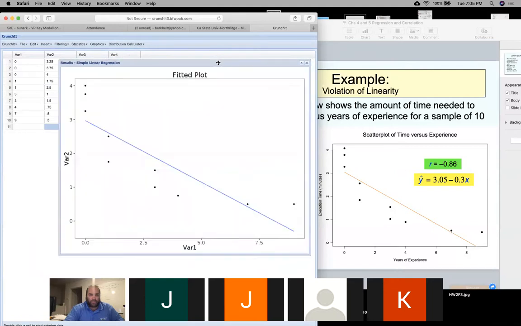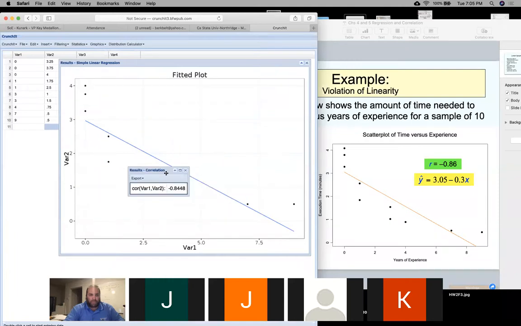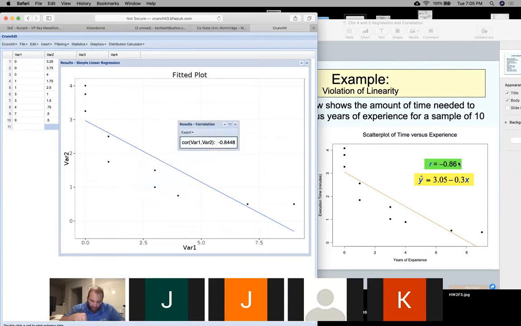And what is my R value? What is my correlation for variable 1 and variable 2? Negative 0.84. So this wasn't bad, right? I wasn't perfect, but I was fairly close. You see how I did that? You guys are not the most vocal bunch, but I like you anyways.